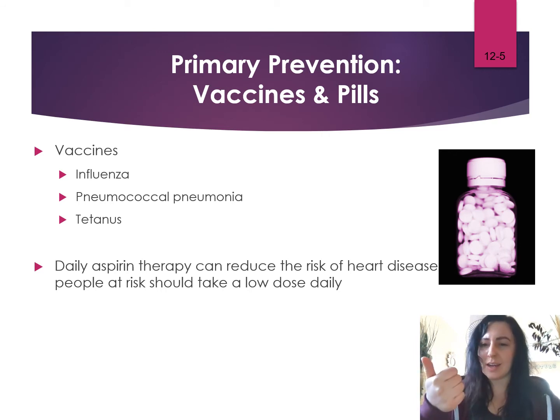Having a tetanus shot, isn't that something we have to take every 10 years or so? That's one thing, a vaccine that prevents tetanus from happening to us. We take vaccines, or we have the flu vaccine, I know, to prevent influenza.